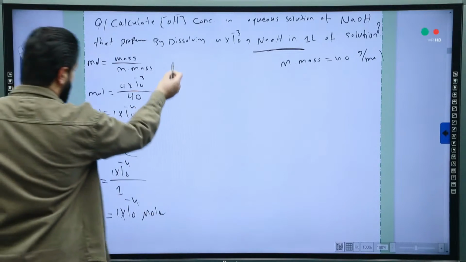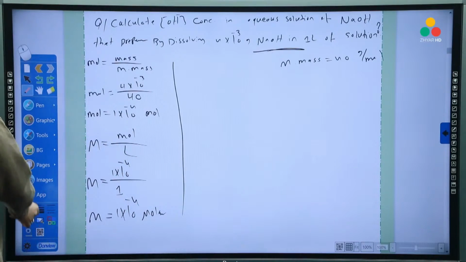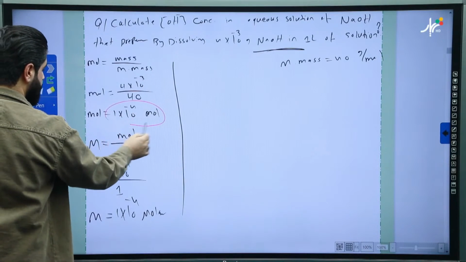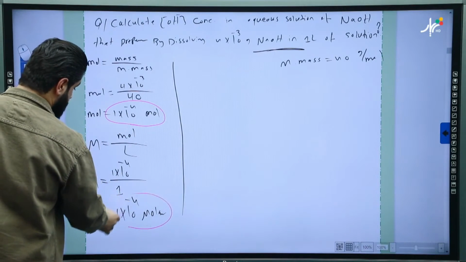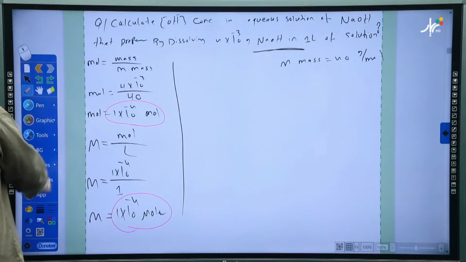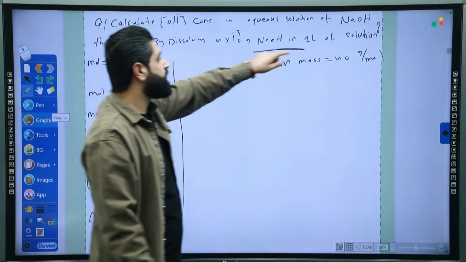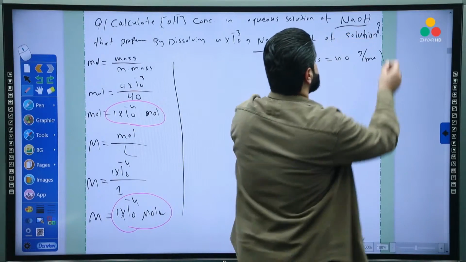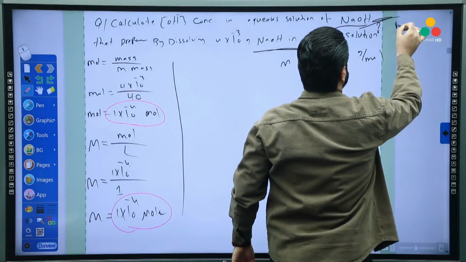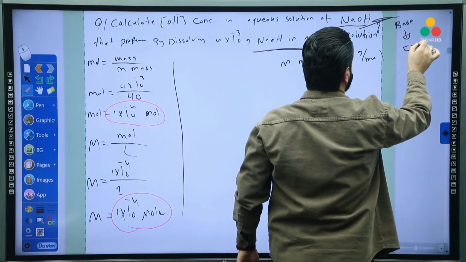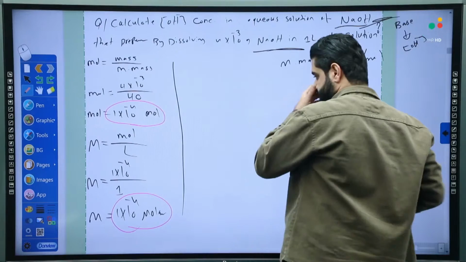Now, because our compound is NaOH, it's a base. For a strong base, we get OH first.